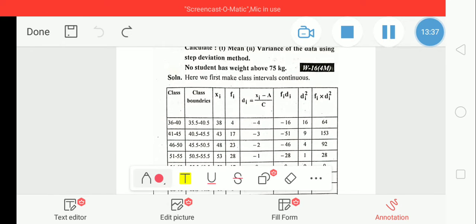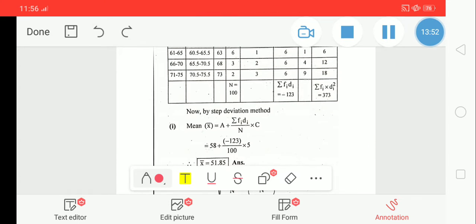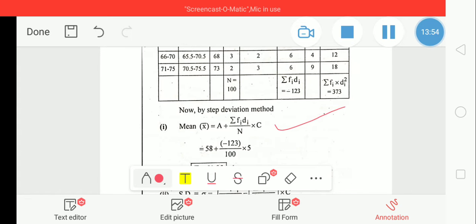Now finding d, because d is xi minus A divided by c. A is the assumed mean and c is the difference. Because we are using the step deviation method, the mean is A plus summation of fi di divided by n, multiplied by c.